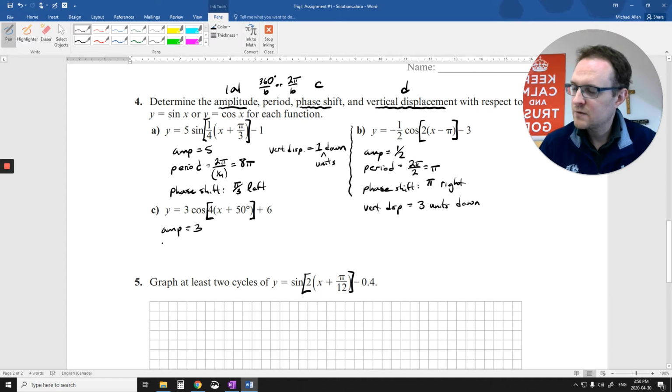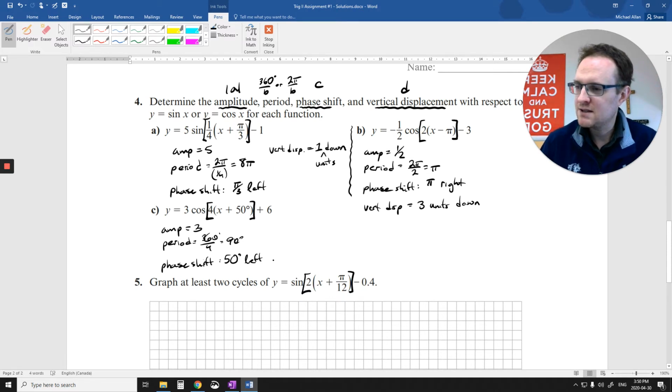The amplitude is 3. Period, this one's going to be in degrees, so I'm going to go 360 divided by 4. So that's 90 degrees. My phase shift is 50 degrees to the left.